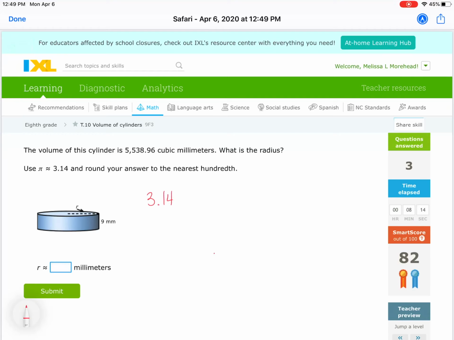And we also have our 9 millimeters, so we can go ahead and multiply those out. So 3.14 times 9 gives me 28.26. Now I'm going to take this number and I'm going to divide it into this number.